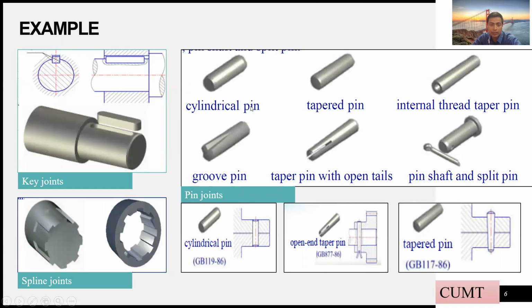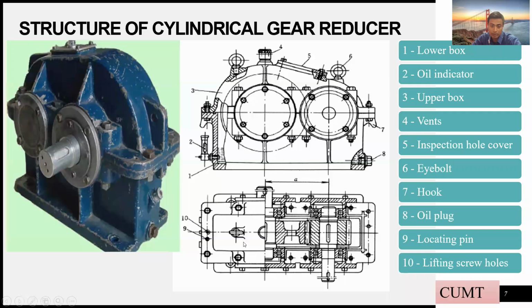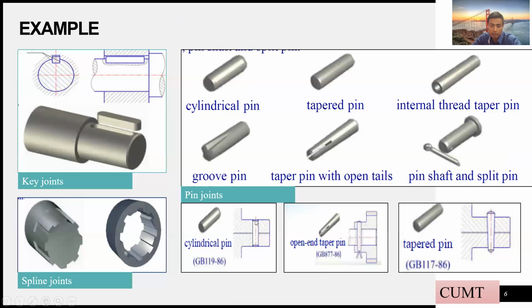And then the cylindrical pins. A cylindrical pin connects two objects by a pin. We can see the use of a cylindrical pin here: this is the first metal surface and the second surface, and they use the cylindrical pin.